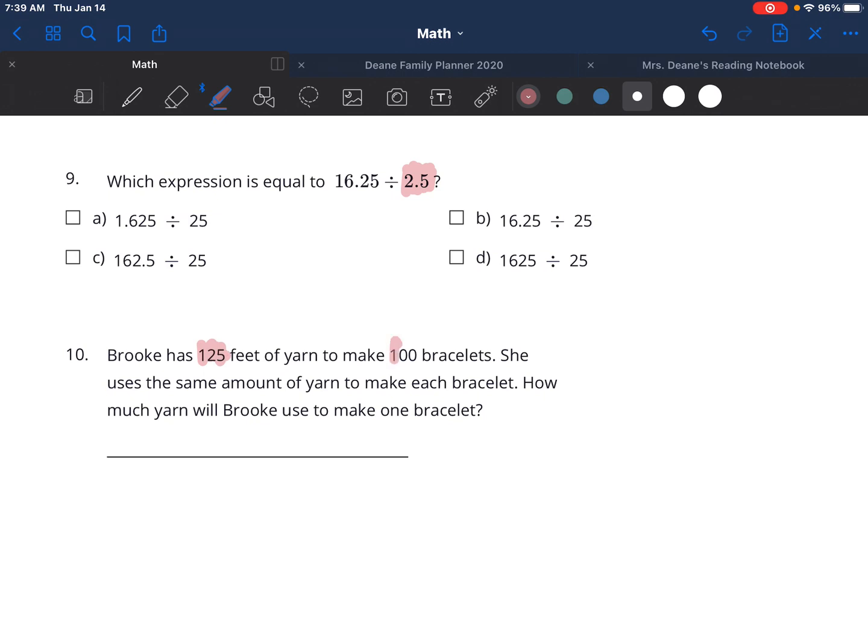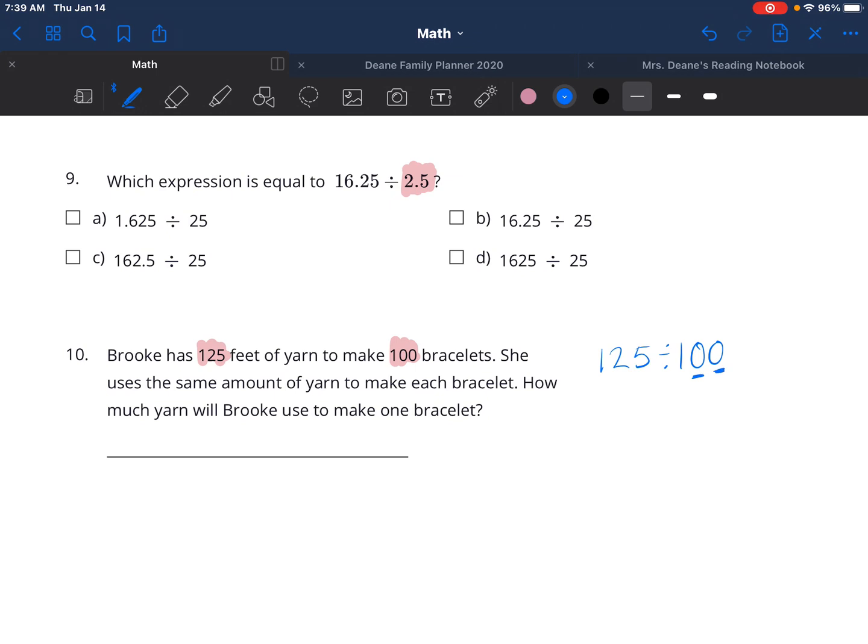Number 10, Brooke has 125 feet of yarn. And she is going to make 100 bracelets. And she uses the same amount of yarn to make each bracelet. How much yarn will Brooke use to make one bracelet? So all you're doing is dividing. So it would really look like this. And that's a power of 10. And I have 2 zeros.